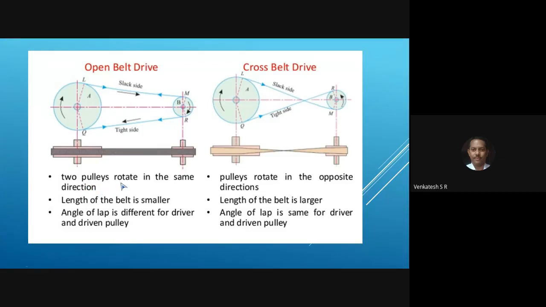Cross belt drive, write down number 1: pulleys rotate in the opposite direction.